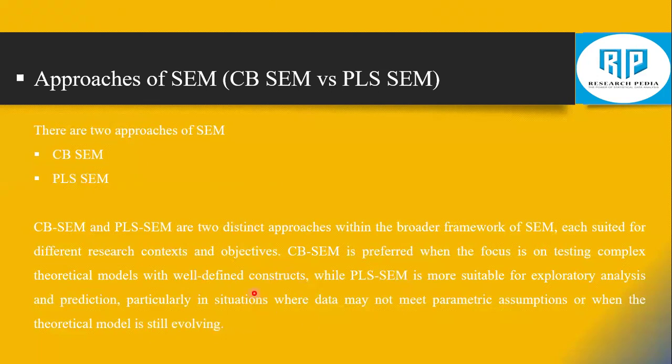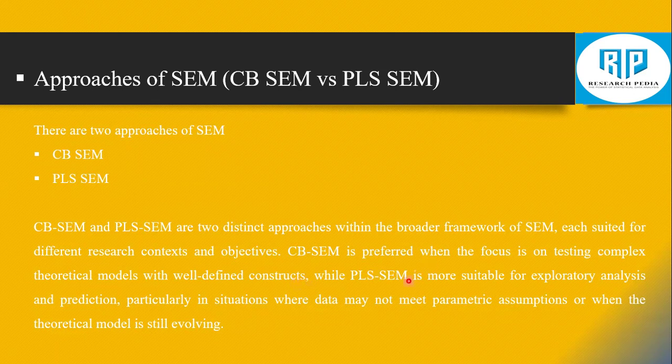So we can understand that in the case of CB-SEM, you may have a complex theoretical model, you may have well-defined constructs, and you may have a parametric, normal data set. It means you have a maximum number of observations, a large sample size in the case of CB-SEM.